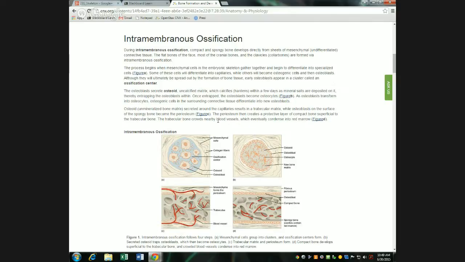That happens in a very specific set of bones. It happens in the bones of the skull, mostly the cranial bones, and the clavicles. Clavicles are your collarbones. They go from the head of the sternum out to your shoulders.